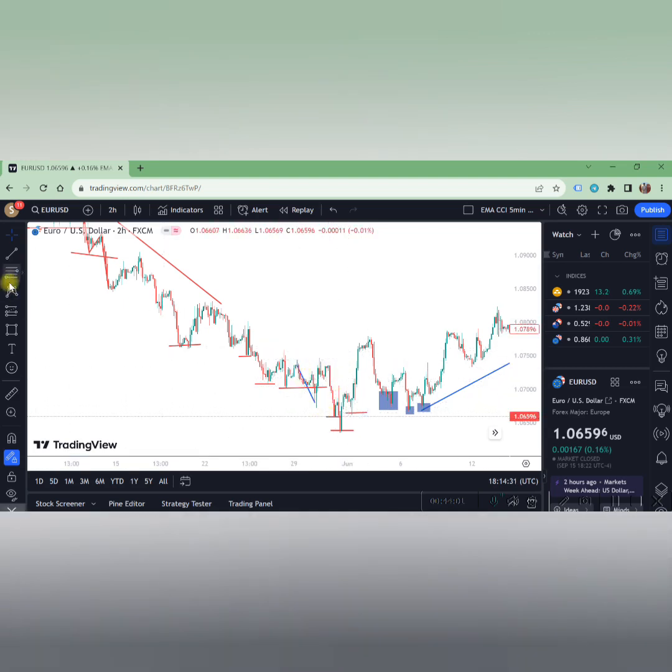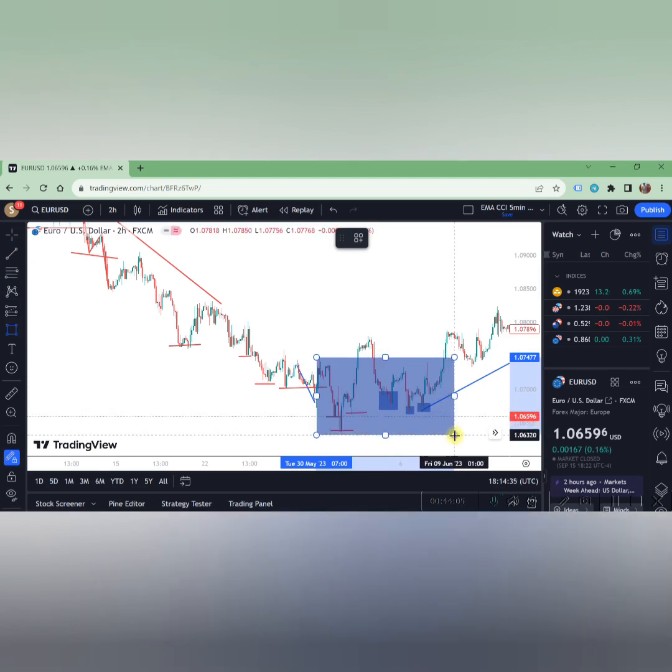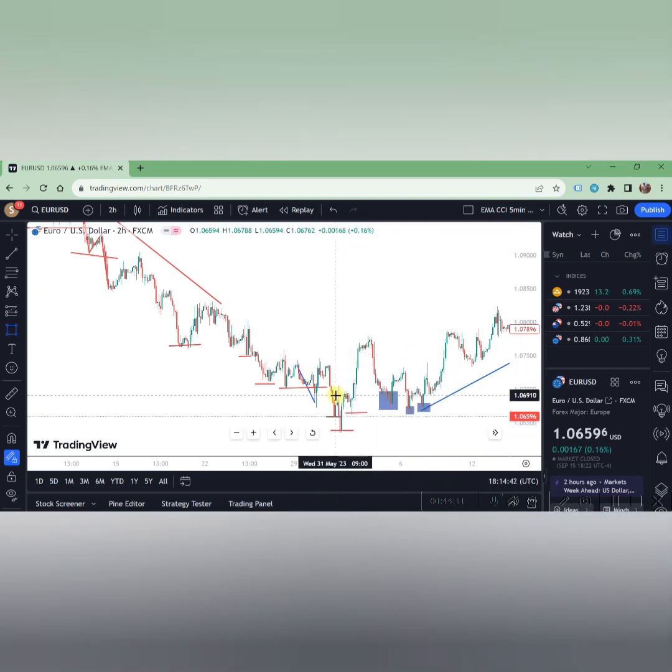That's what we have in the middle between here and here. A little range, up, down, up, down, until it finally broke out. Because of that range, I will be waiting for price to get out of it, either to break above or to break out below and continue down.